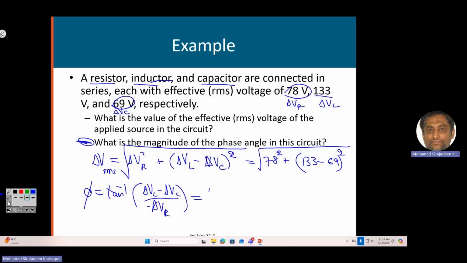Again, you substitute the value and get the final answer. So it will be 133 minus 69 divided by 78.